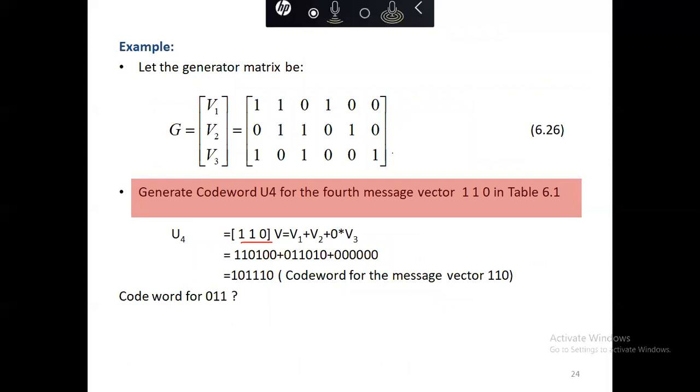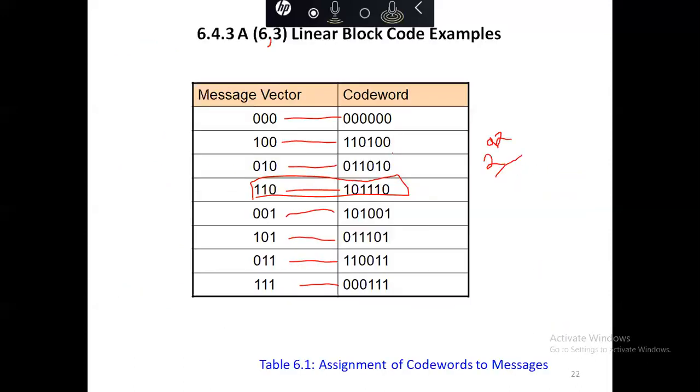So which code words have I chosen here? One is this, and one is this, and one is this. Why? Because if you see the message, this is the first message bit, and you call its weight 4.